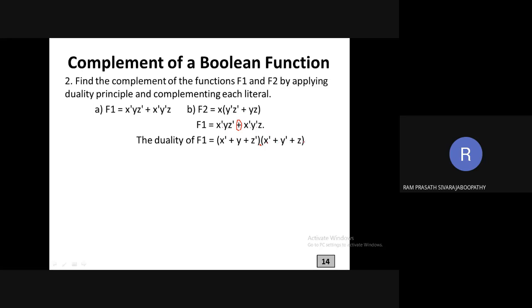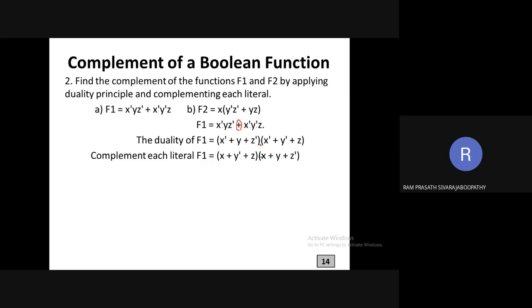We should not leave it like this. What to do after this? We have just changed ANDs to ORs and ORs to ANDs. What else do we have to do? We have to complement all the variables. So if x bar is here, put x; y becomes y bar, z bar becomes z. That's it. We follow two steps. First, AND operators and OR operators are interchanged: plus becomes dot, dot becomes plus. After that, variables must be complemented.